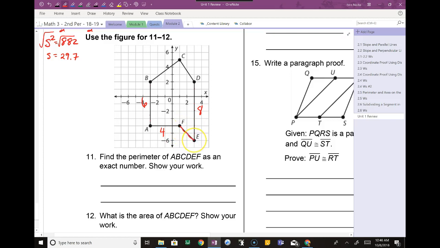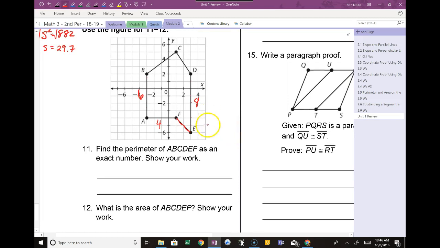So from E to F, I have to do a distance formula. So distance formula is the square root of, let's see, we got to find this point. So this is going to be 1, -4, and E is 3, -6. So we're going to do our change in x's. So 3 minus 1 squared plus our change in y's.